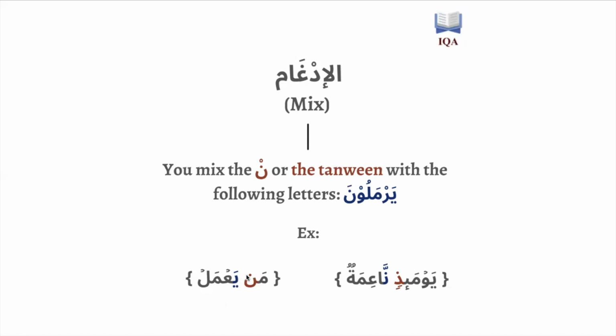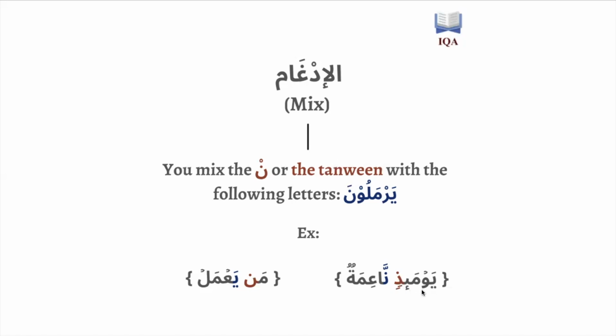Here we have a nun as-sakina, and it's followed by one of the ya manun letters, which is the ya. So instead of saying man ya'mal, I'm going to say man ya'mal, mixing. Here we have a tanween on the dal.